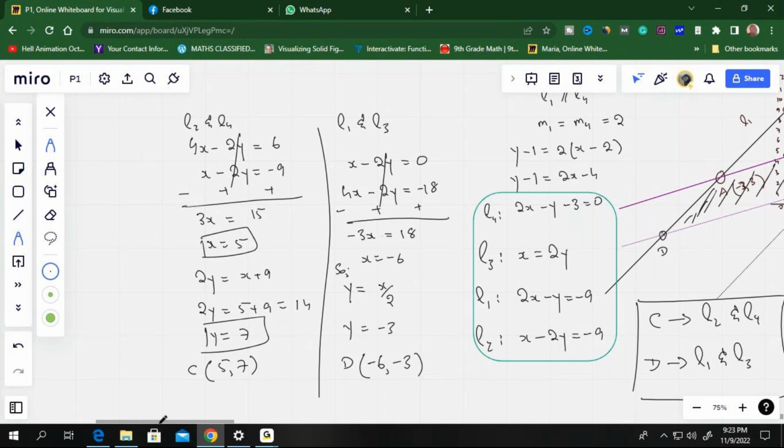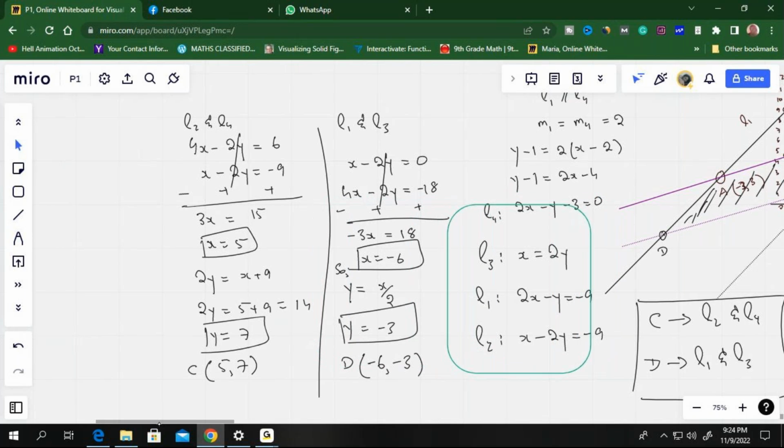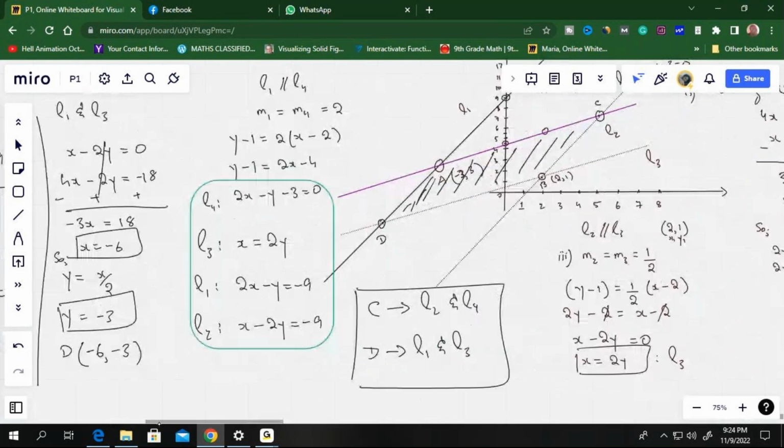All right. In the same manner, I solved my L1 and L3 here. I did the same working and I got the coordinates of x and y as -6 and -3. Both are negative, which completely authenticates the position of your D, which is lying in the fourth quadrant. You can see here, your D was lying in the fourth quadrant.